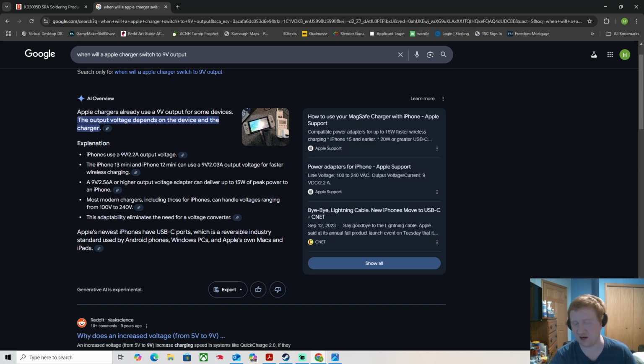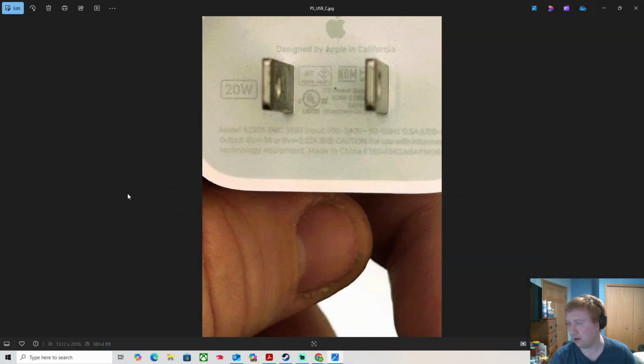In this case, the iPhones communicate with the charging block and say, "Hey, I want 9 volts instead of 5, higher current." But I'm sorry, higher voltage, because current will decrease with higher voltage. That's how it always ends up being.